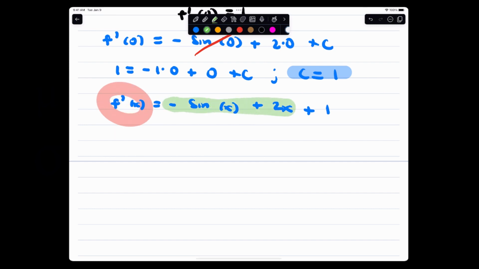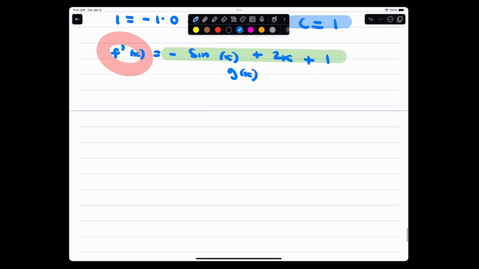This is now your whole g function here. This is g. So your function f will be, keep that negative 1 times here, and then you need the antiderivative of sine. What is that antiderivative? Do you guys know? Isn't that minus cosine? Yes.